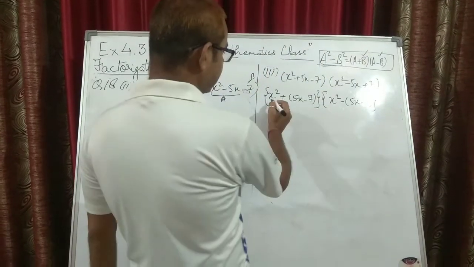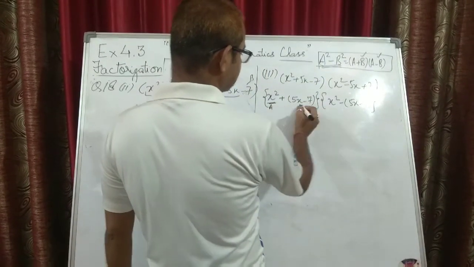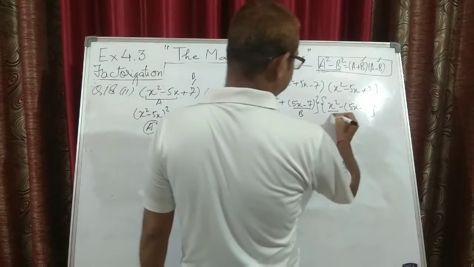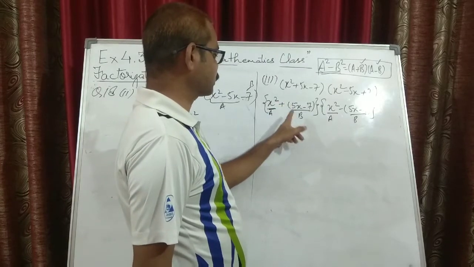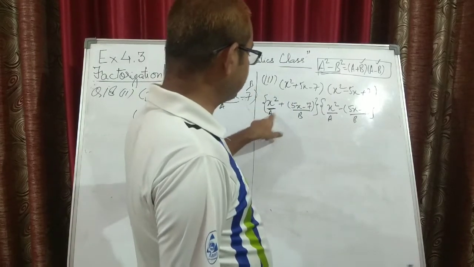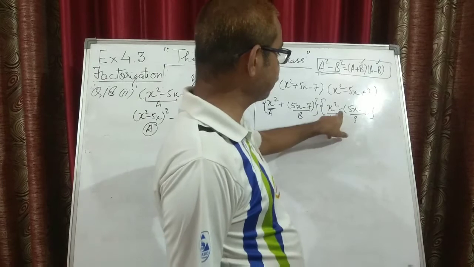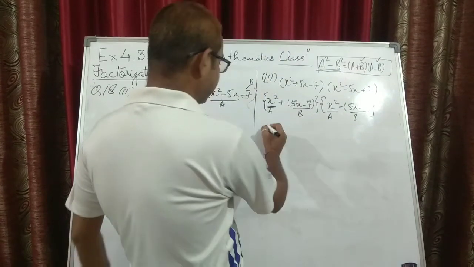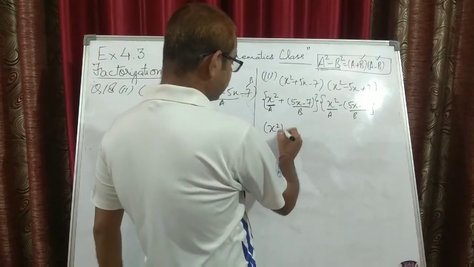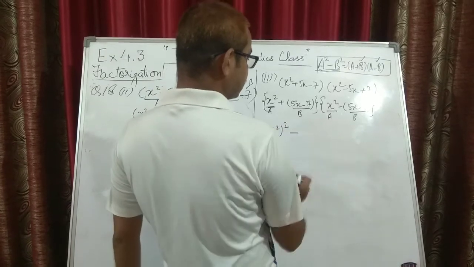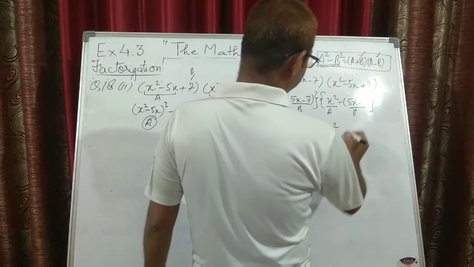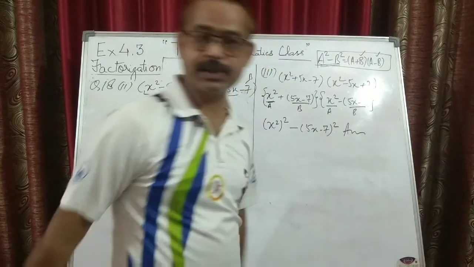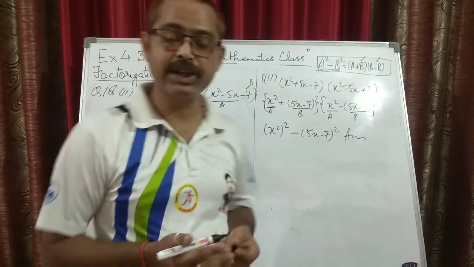Now you can easily make out that this can be considered as a and this as b. So a plus b and a minus b is what? a square, that is x square whole square, minus 5x minus 7 whole square, that has been expressed in the form of a square minus b square.